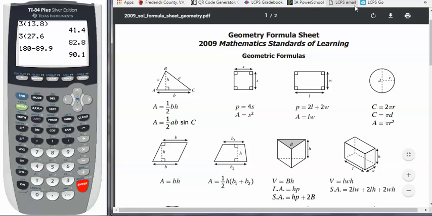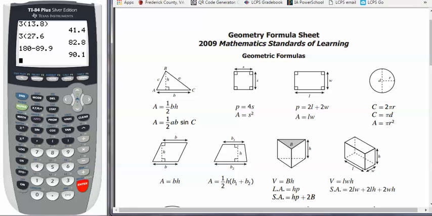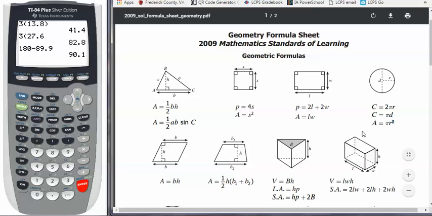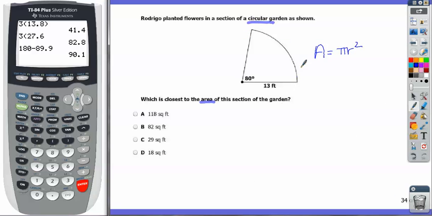I pulled my formula sheet off the internet, and this is where I'm getting that formula from. Area equals pi r squared. And I'm dealing with area, so it's this picture right here, and it happens to be the last one, which I can't get it just to highlight. So let's go ahead and go back to our problem, and I wrote it down, and let's do the math.